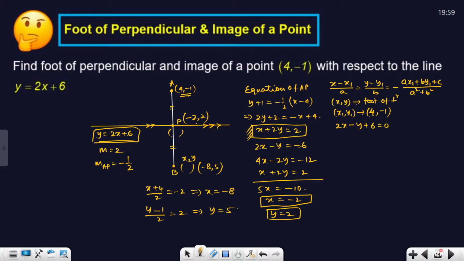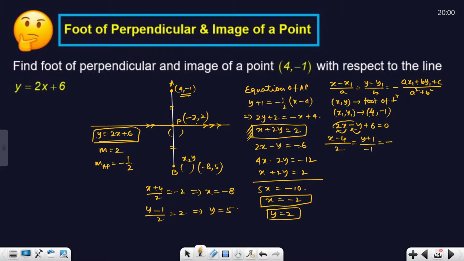So if I simply apply the formula, see how I'm applying it. (x - 4)/2, 2 is the coefficient of x, equals (y - y1), that is y plus 1, divided by the coefficient of y, which is nothing but minus 1, which equals minus sign is there.